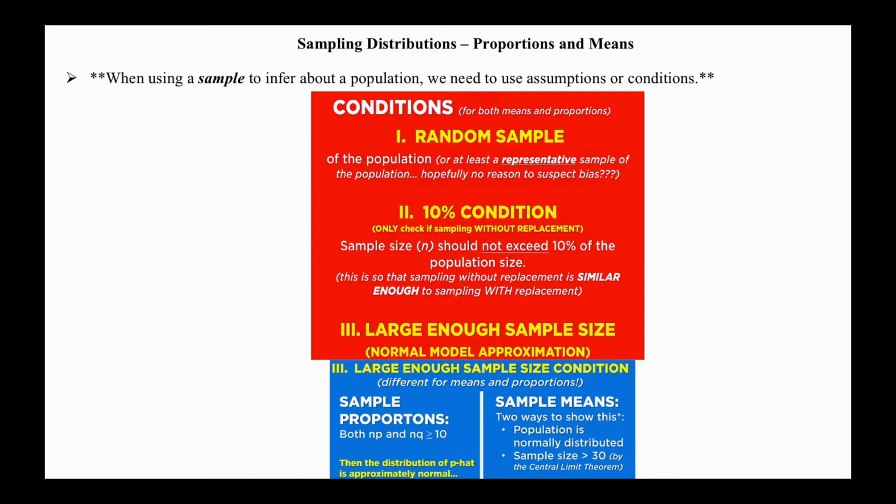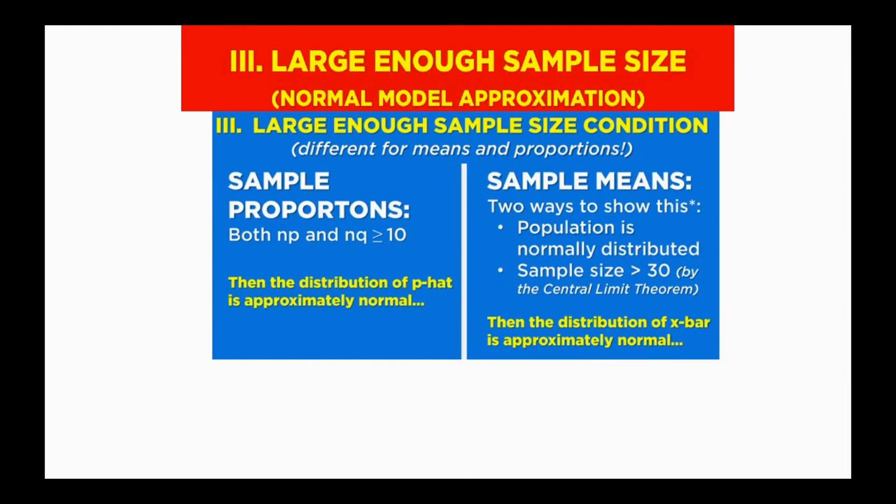The last one, the third one, breaks off into two. It depends if it's proportions or if it's a means question, averages. We're going to start with proportions. The third one is, can we assume normality?